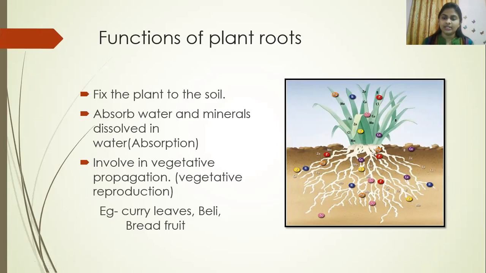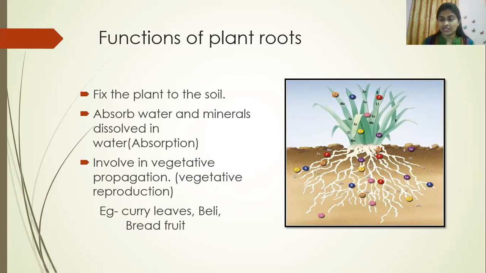We can plant a root of a plant and get a new plant. For example, curry leaves, bay leaf, breadfruit, right? We can plant a small plant of this and grow it as a big plant. So, vegetative propagation is one type of function done by plant roots.